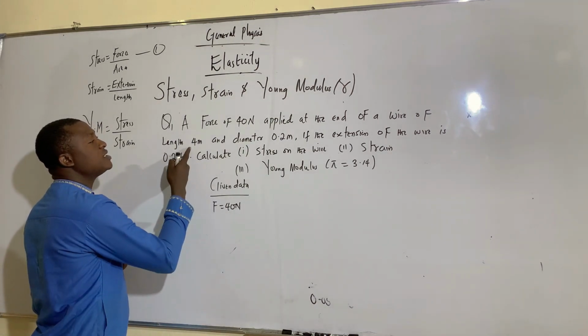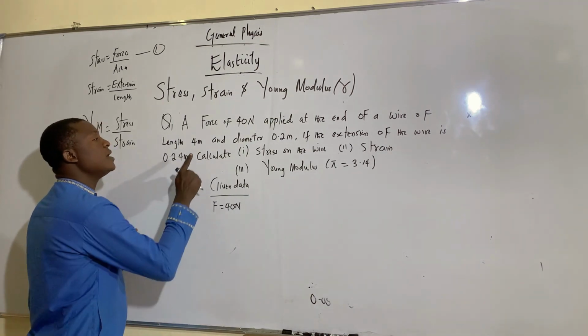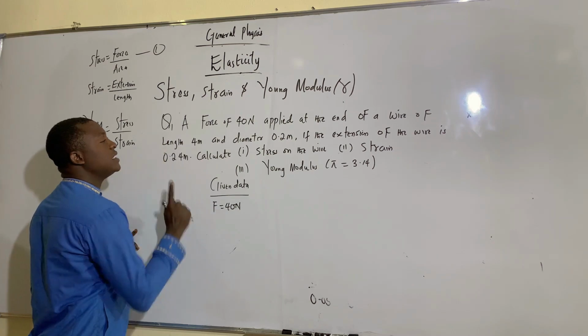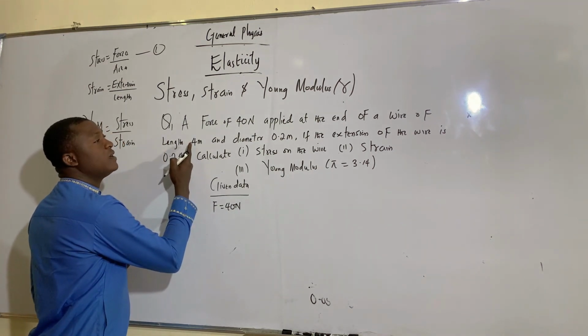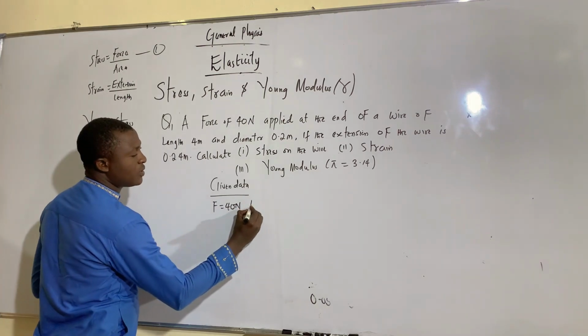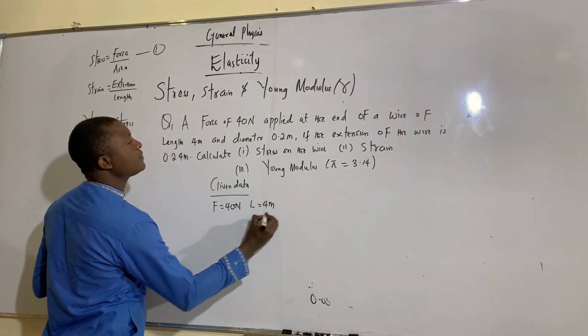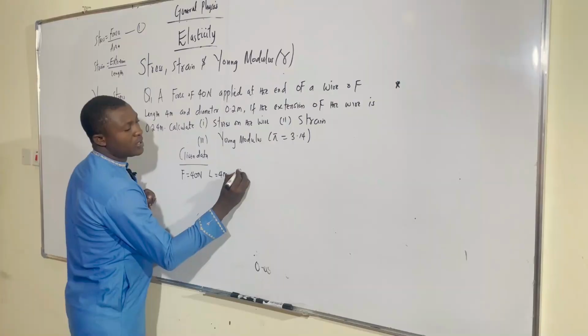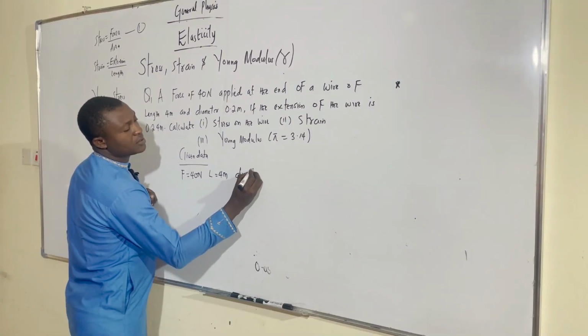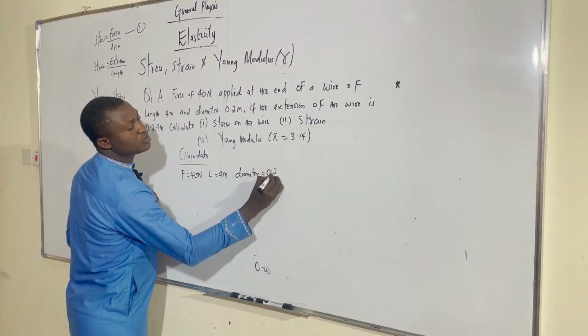So luckily here you can see the length is in meter. I told you earlier, if you are solving a problem and you see that the length is in centimeter, you are going to convert the length to meter. But here the value of length is in meter, so you don't need to convert that one. So our length is equal to 4 meter and the diameter is given as 0.2 meter.